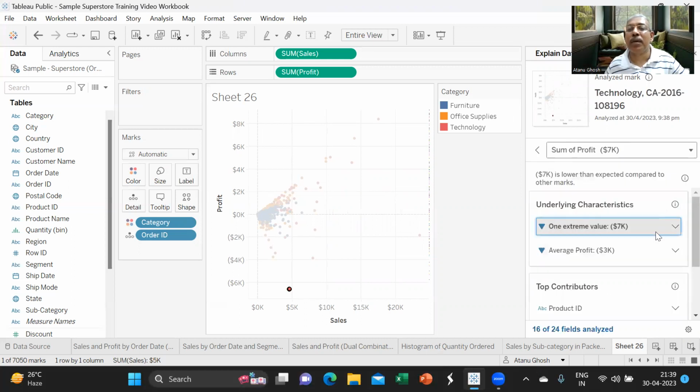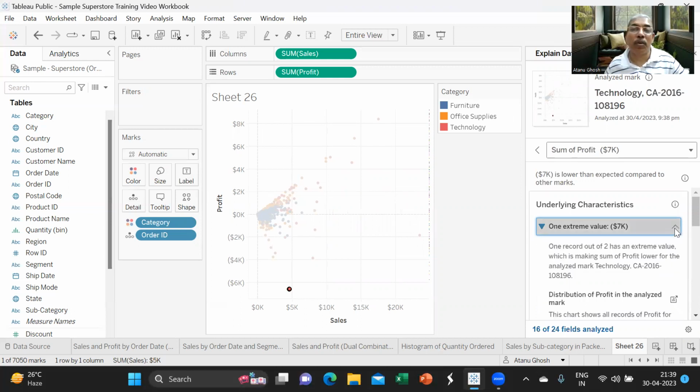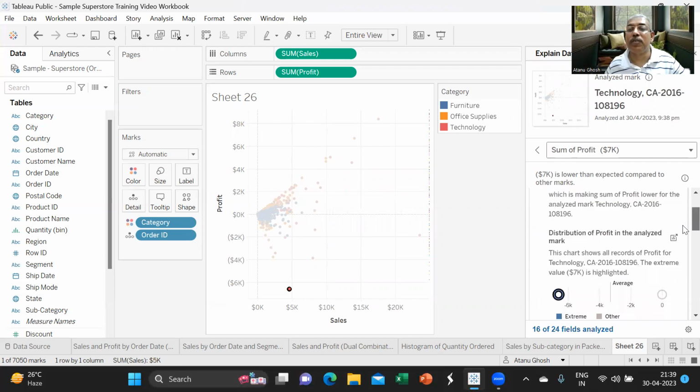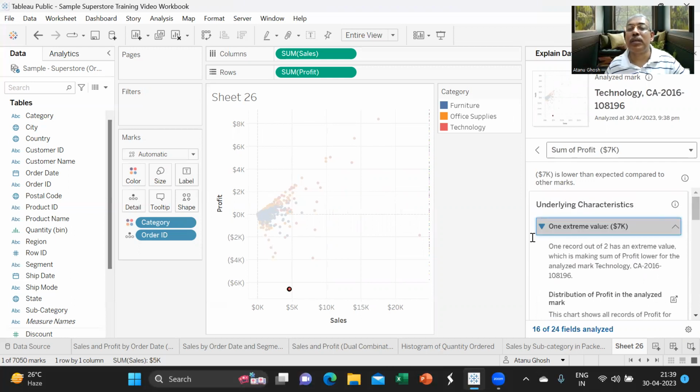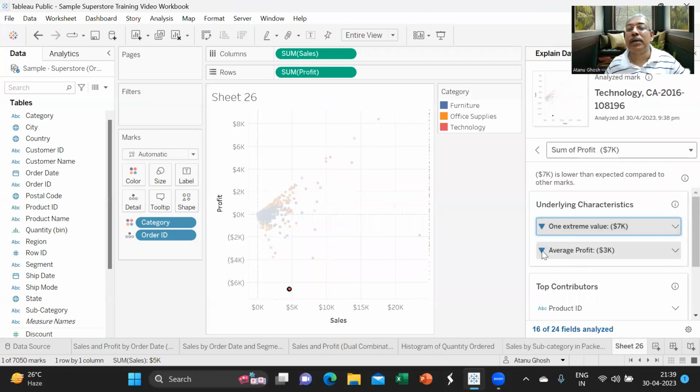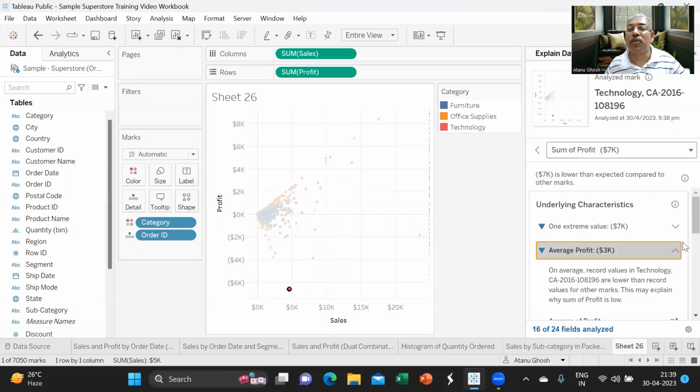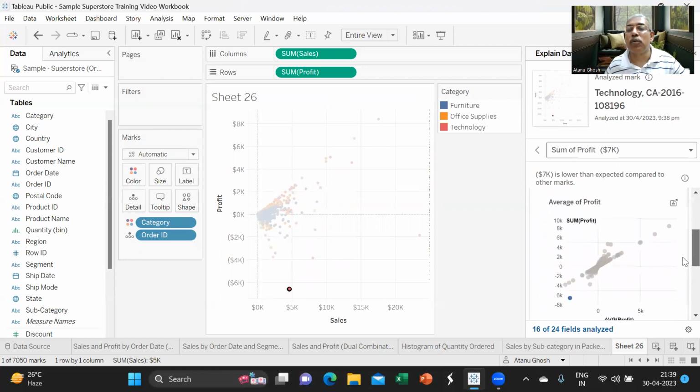There's one extreme value of minus 7,000 that is causing the problem and pushing the data to the outlier. The average profit is minus 3,000, because the other product was sold at zero sale and zero profit.